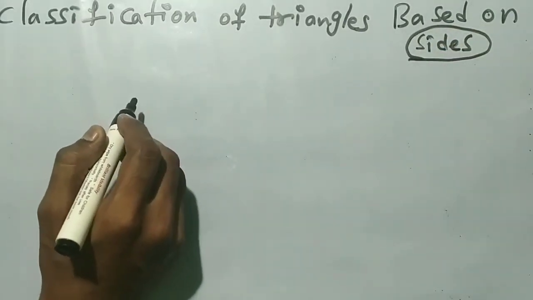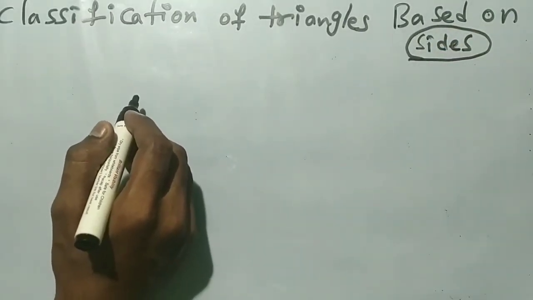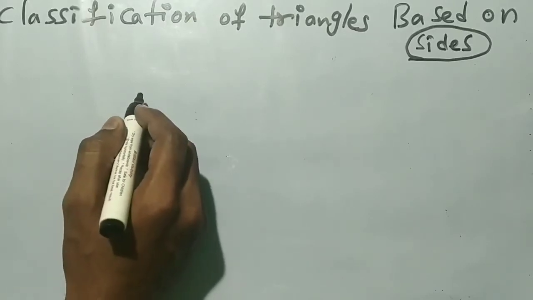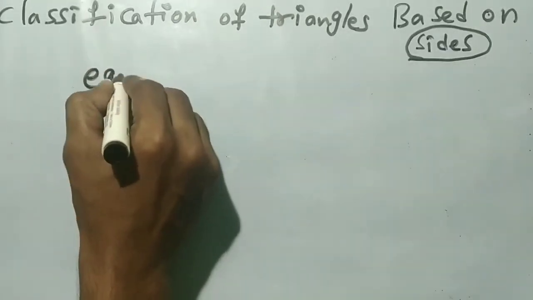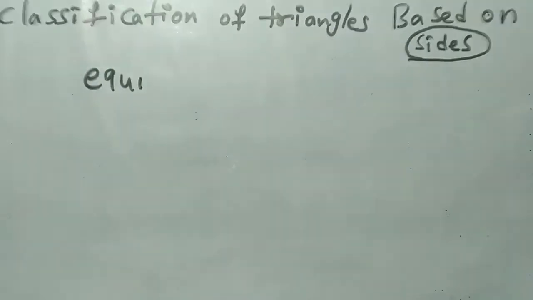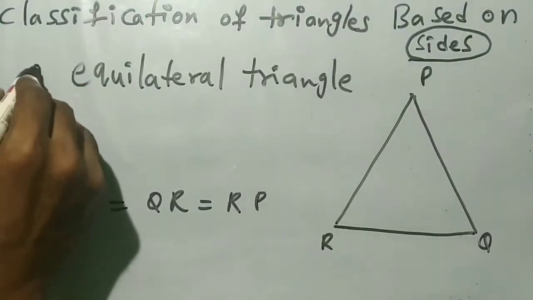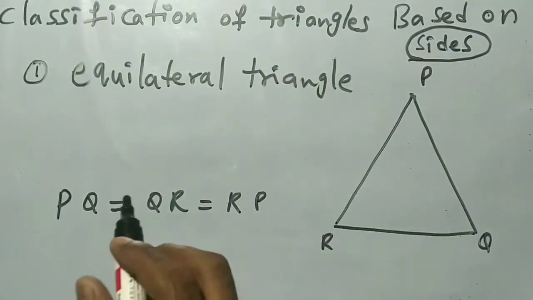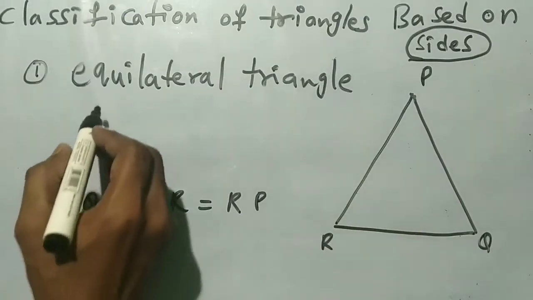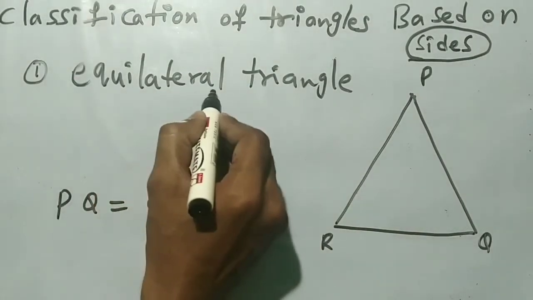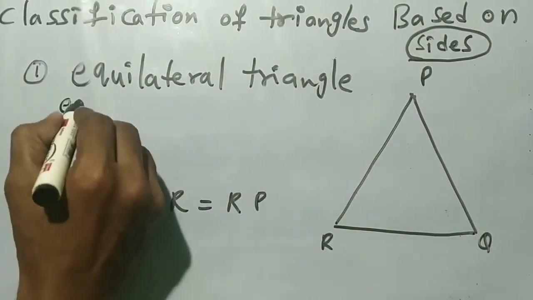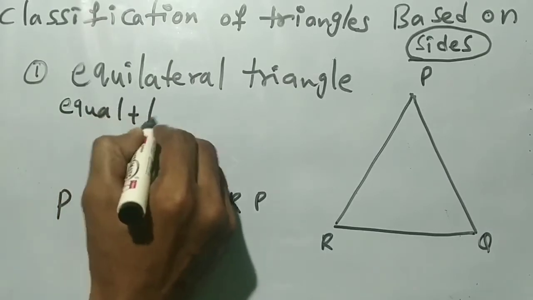If a triangle has all three sides equal, then it is an equilateral triangle. So the first one is the equilateral triangle. Equilateral is a combination of equal plus lateral.